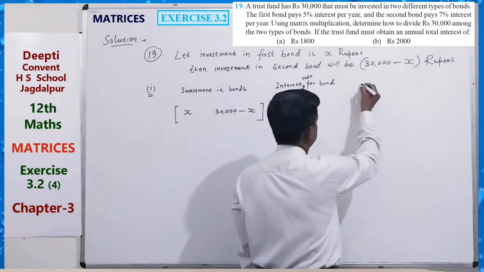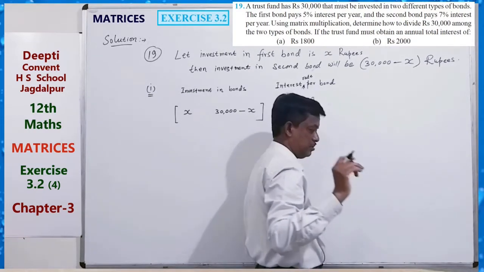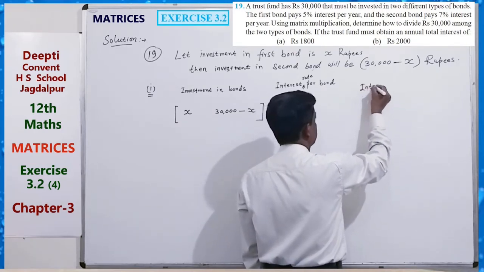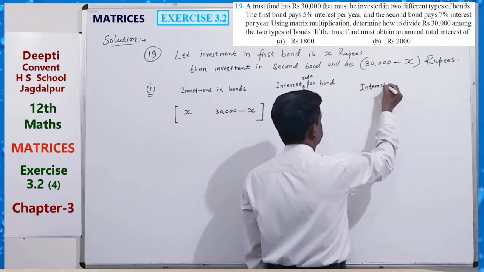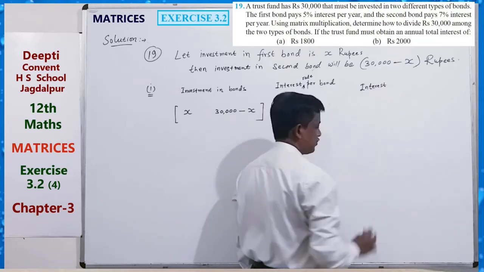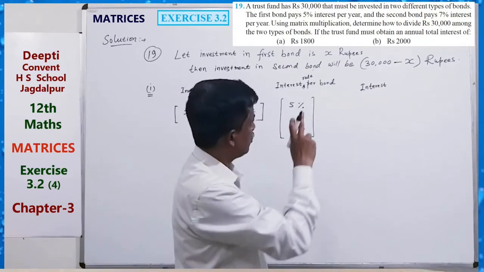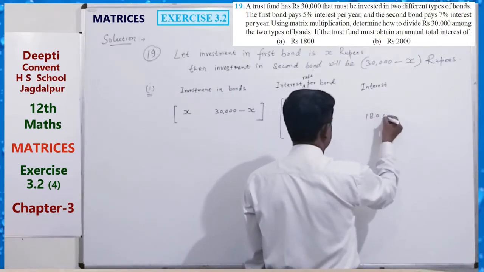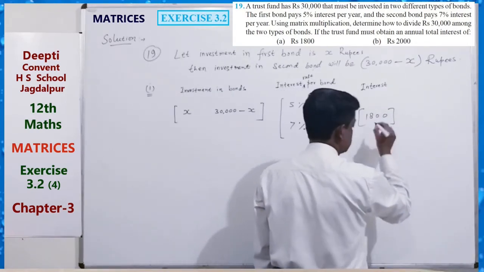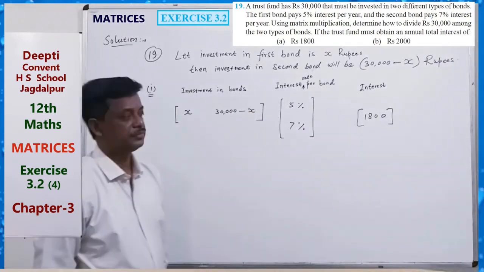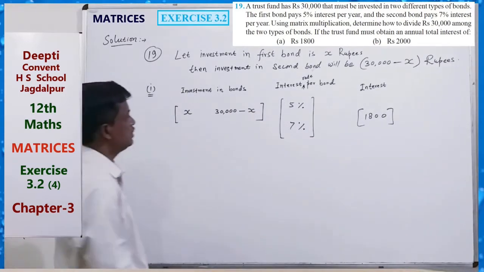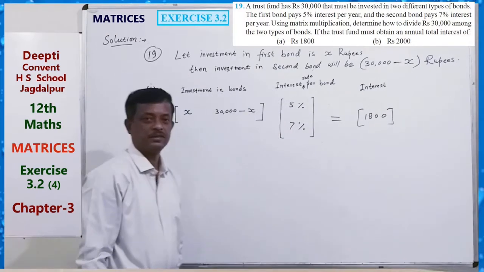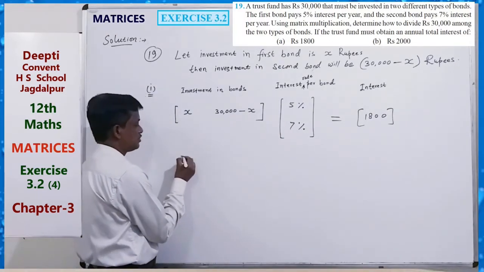And the total interest amount in the first case is 1800. So this into this equals this. Now we can solve it.